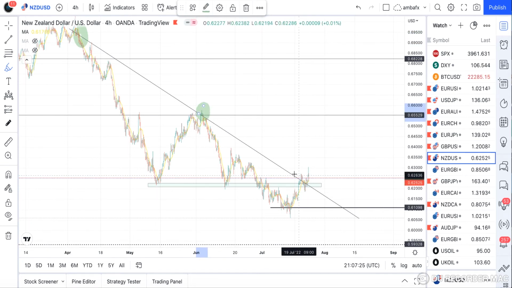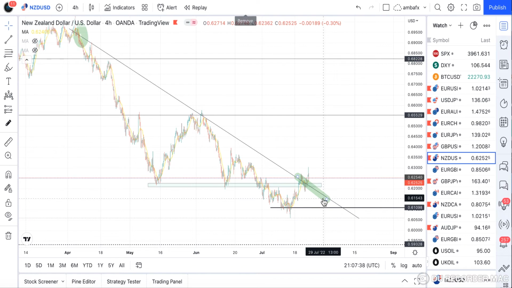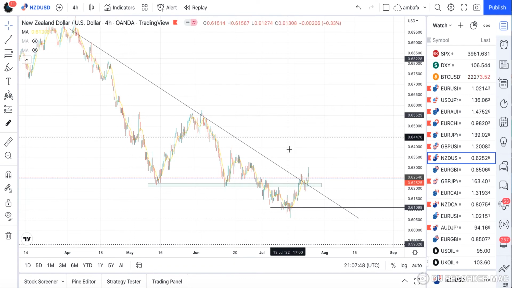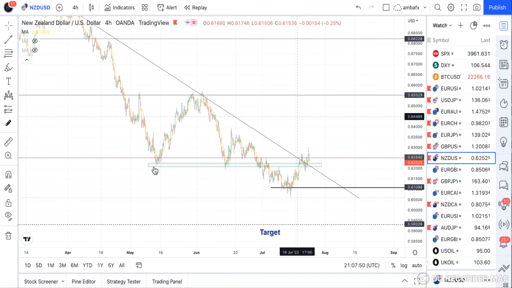Then what do we see here? We see a breakout. The breakout is not visible enough. It might be a false breakout. Don't freak out, this can be a false breakout and it can break back in. But another thing that makes me think it might not be a false breakout is this level right here.